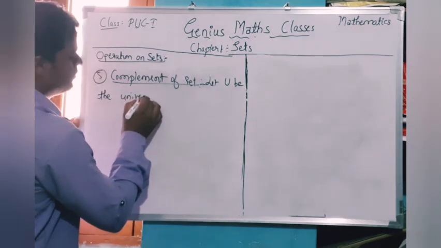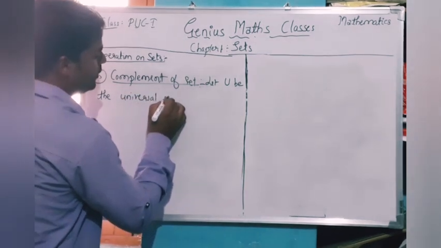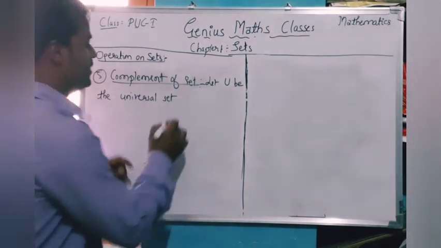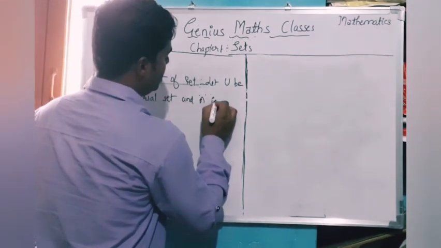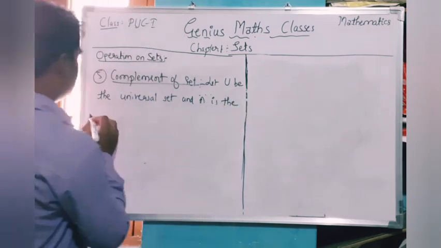Let U be the universal set and A a subset of it.